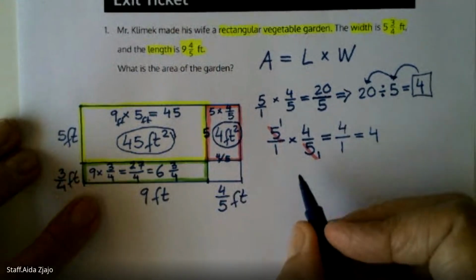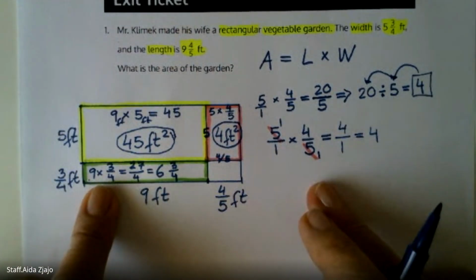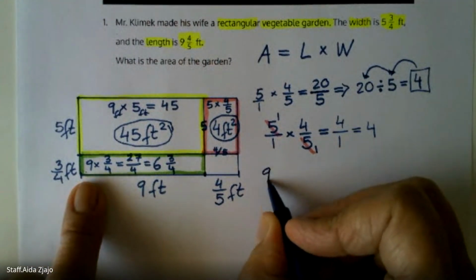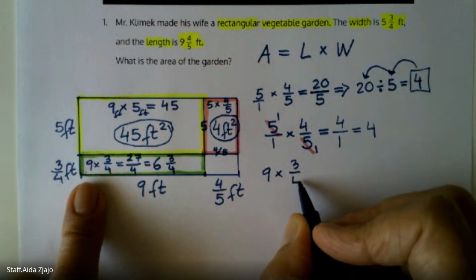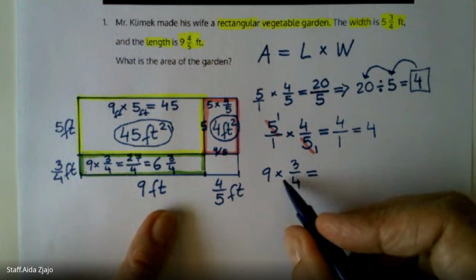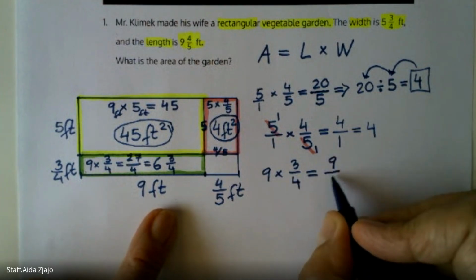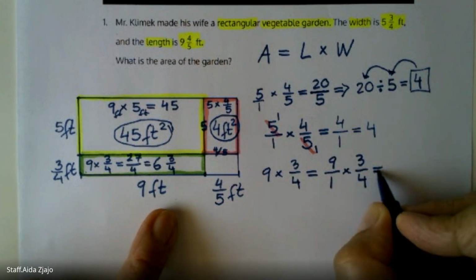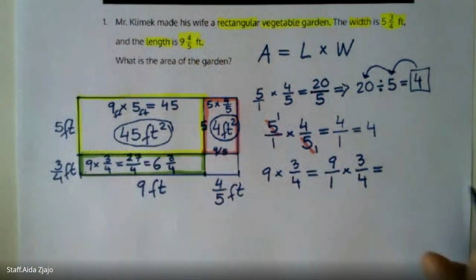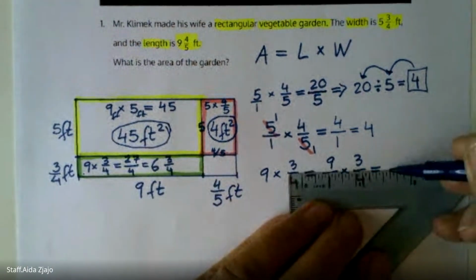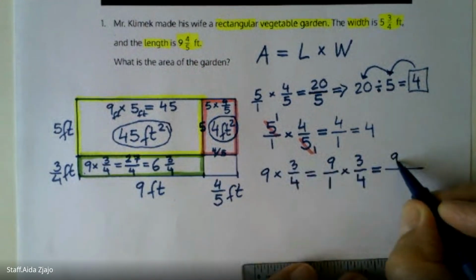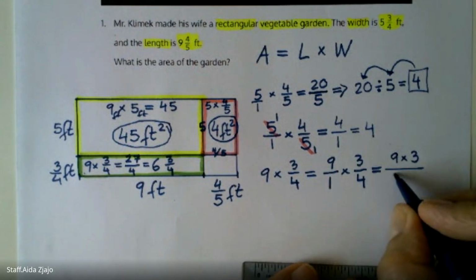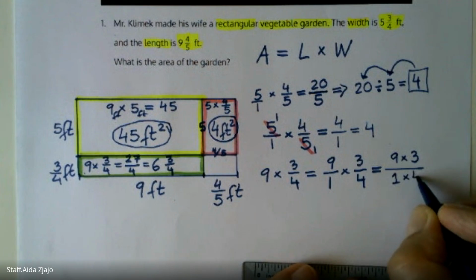Another way, if I am going to do the regular procedure, I will say 9 times 3/4. I need to change 9 into fraction form, and use the multiplication rule: numerator times numerator and denominator times denominator.